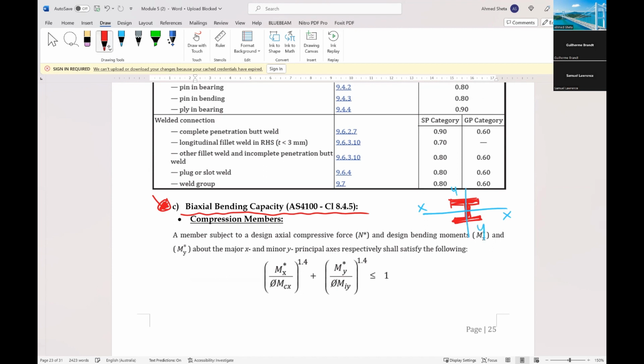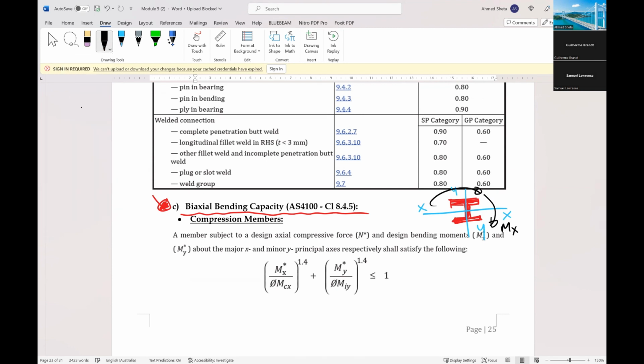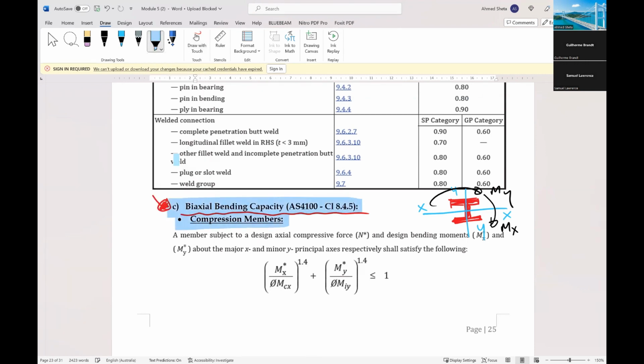So we have Mx and we have My. So first of all, we have the compression member.